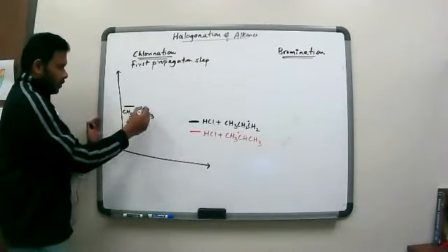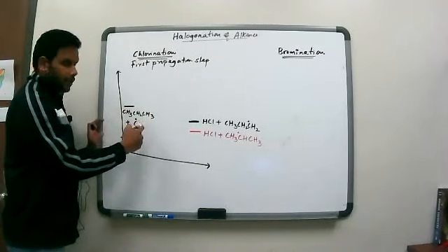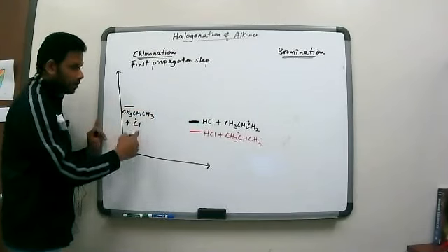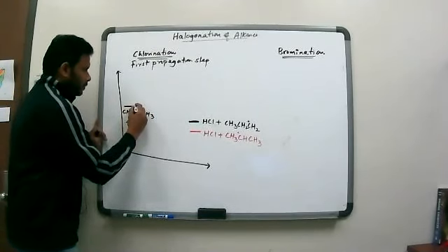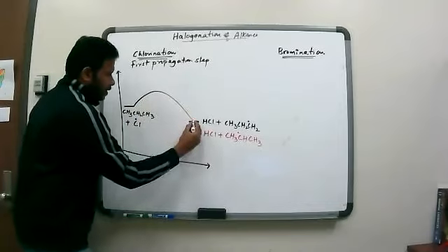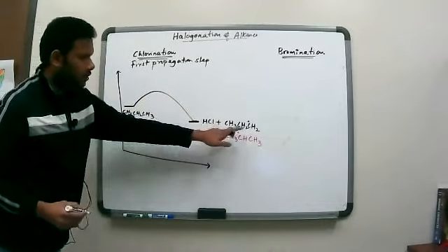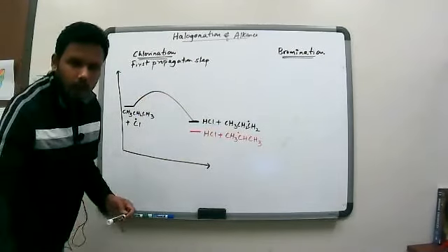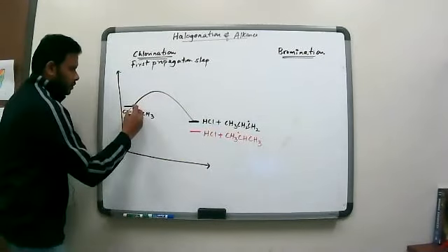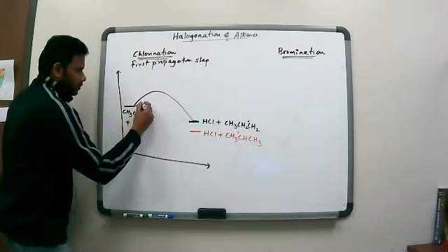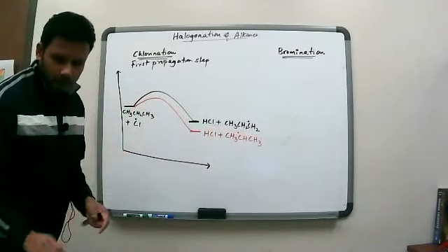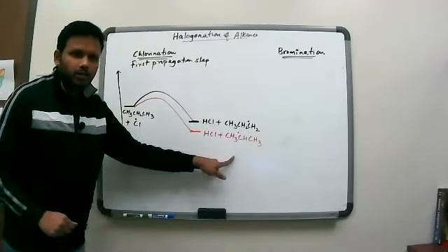So first propagation step, propane can react with chlorine radical to give HCl and the primary carbon radical, or propane can react with chlorine radical to give us HCl and the secondary carbon radical.